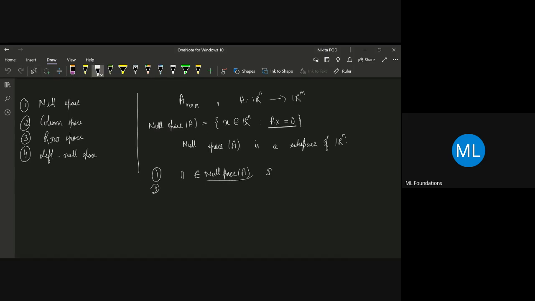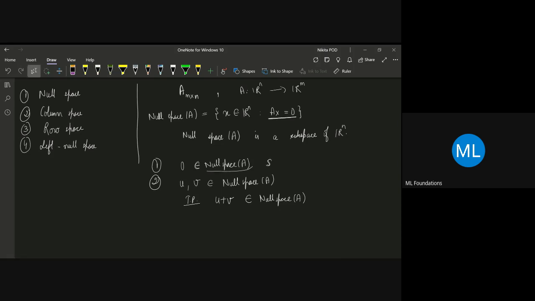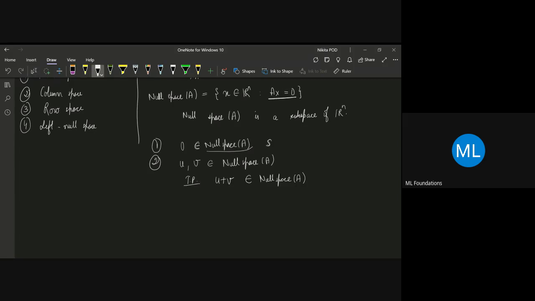So the second property that it should follow is, if I take any two vectors u, v from the null space of A, then what do I have to prove? I have to prove that u plus v belongs to the null space of A. So how do you prove it? u belongs to the null space of A, so what does it mean?